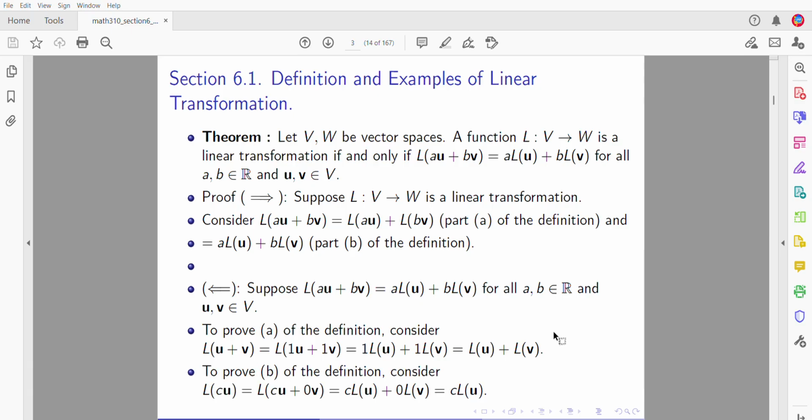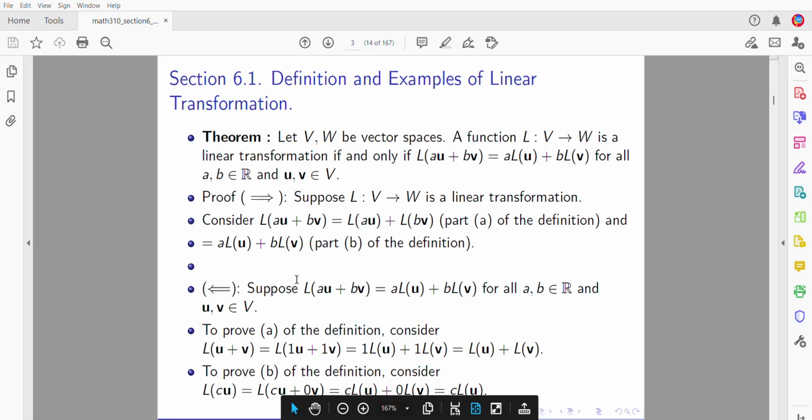Moreover, to prove that L respects scalar multiplication, take L of c u for any vector u. I can also think of it as c u plus 0 times any vector v. It doesn't have to be some other v, it could be u. Now, by assumption, the scalars come out.